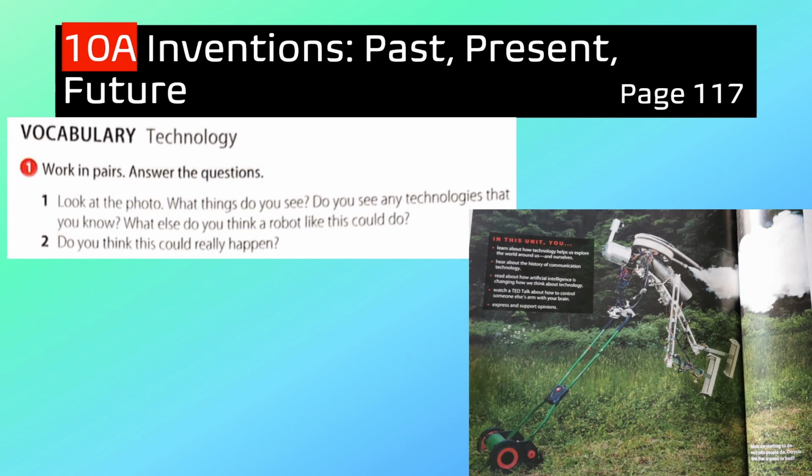Do I see any technologies that I know? Yes, I can see the mower. The mower is the device that we use to mow the lawn. What else do I think a robot like this could do? Well, maybe it could clean our house. Now the second question says, do you think this could really happen? I personally think that yes, this could really happen in our future.